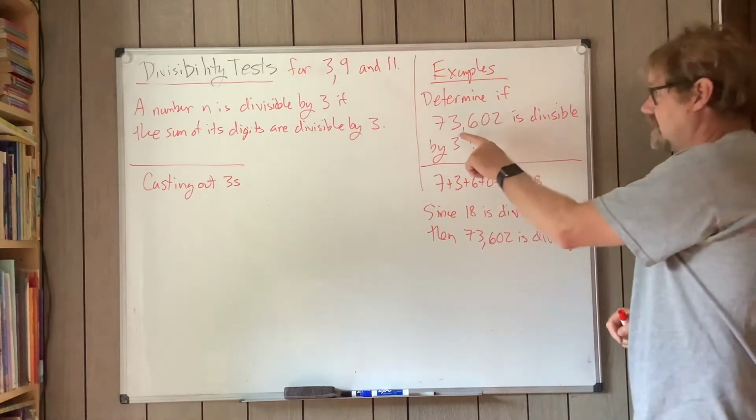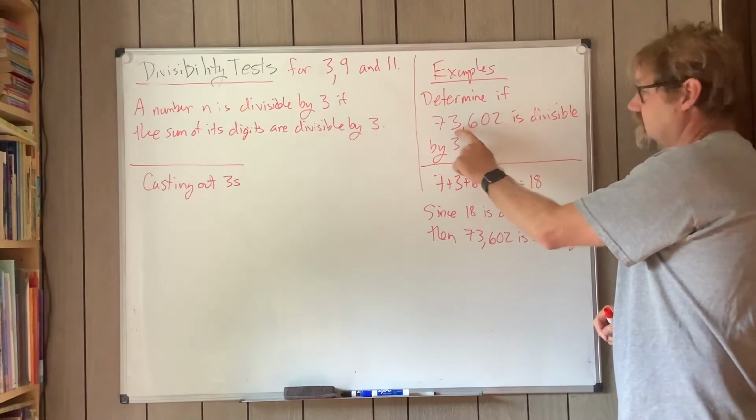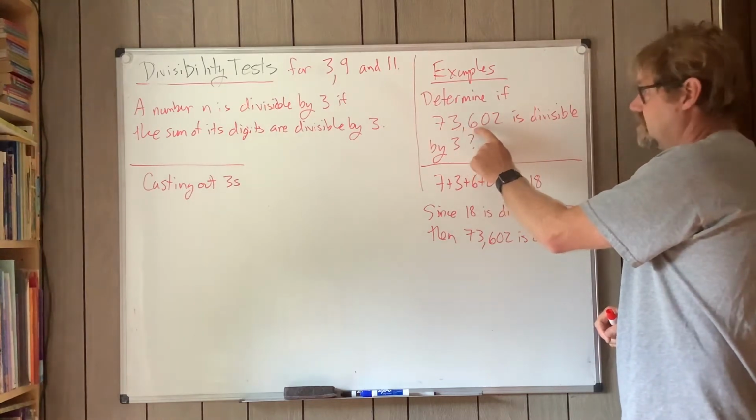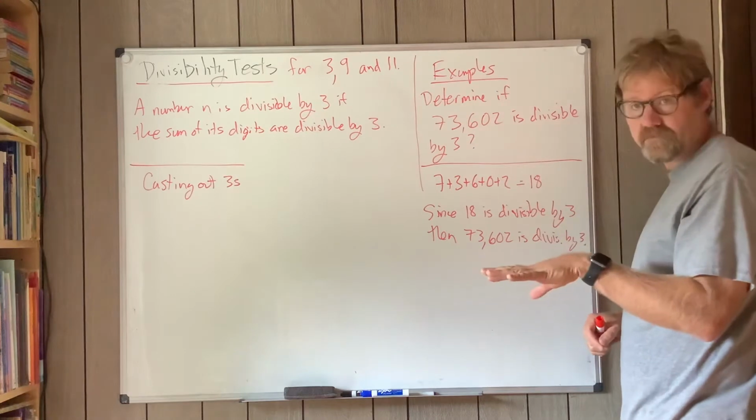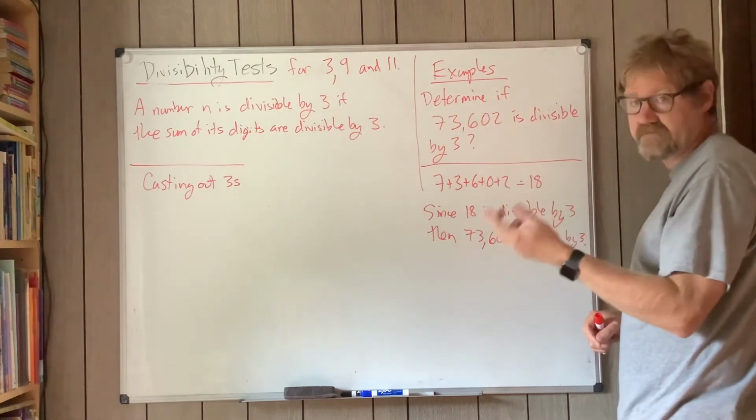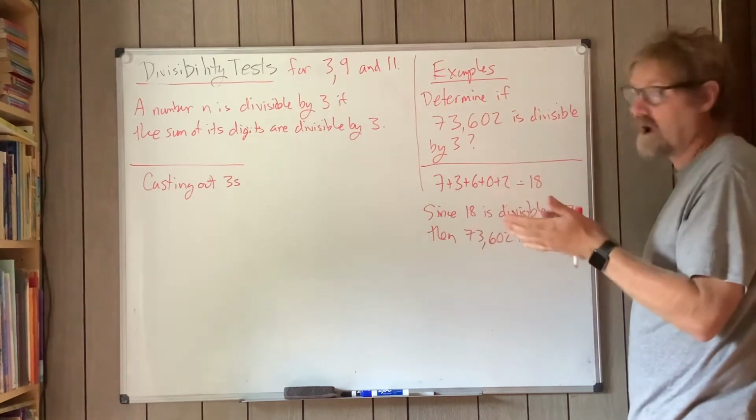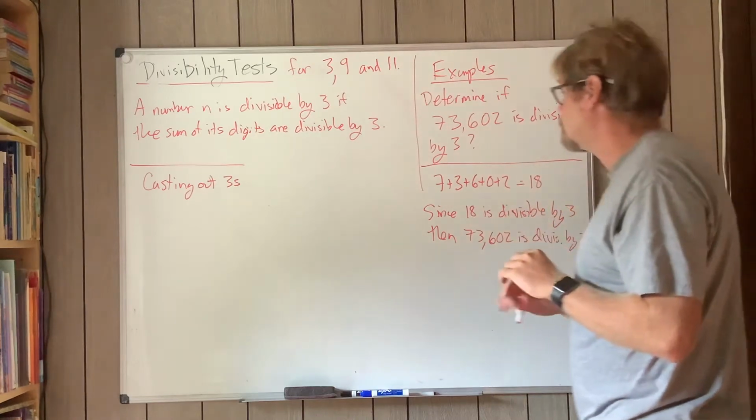I'm looking at that 3 and that 6, as those are both multiples of 3. Or 9s, or if I can combine things that make that, I can also throw that out.